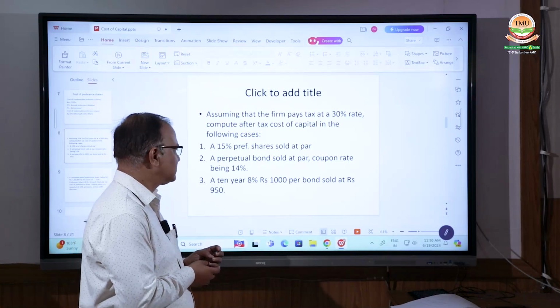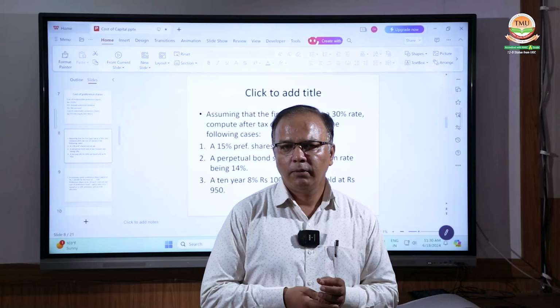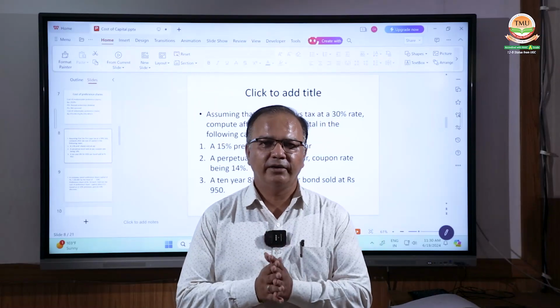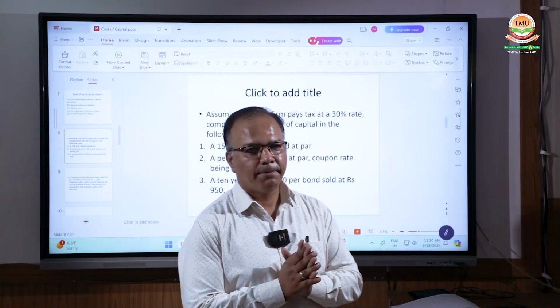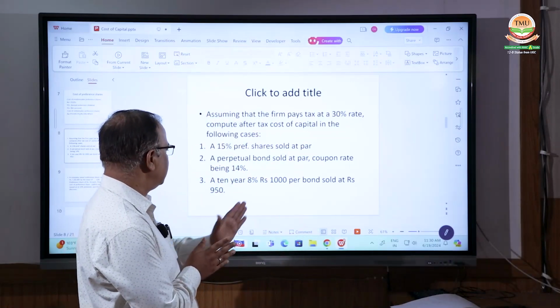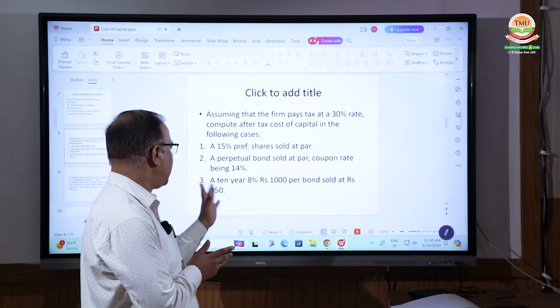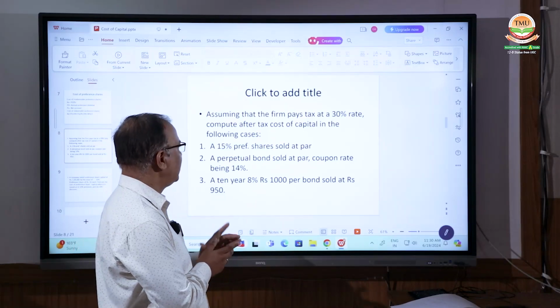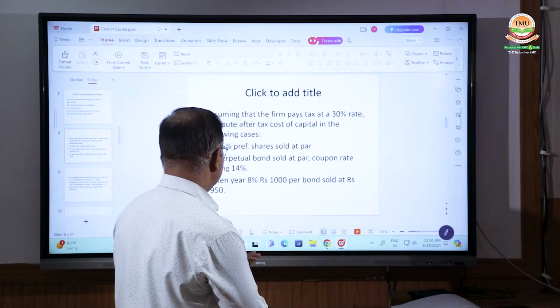It means it's very clear to you, because the number of years is given, that it's a case of redeemable debenture. Coupon rate 8%, tax rate 30%.